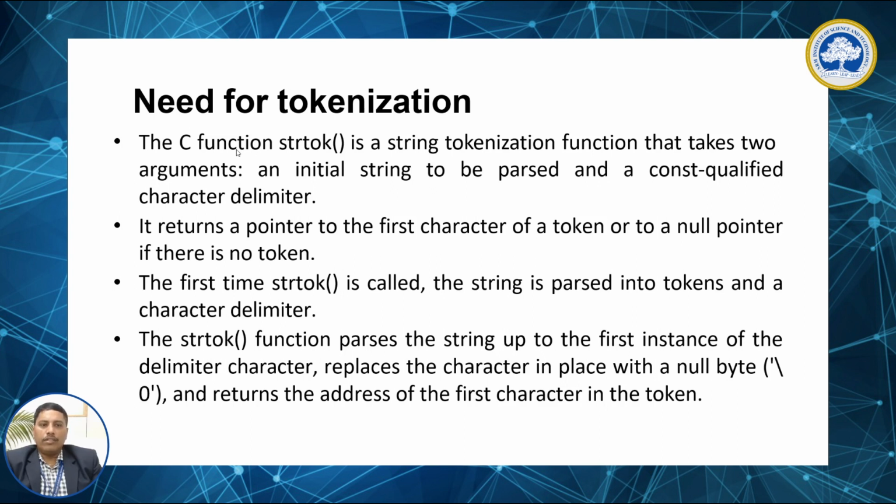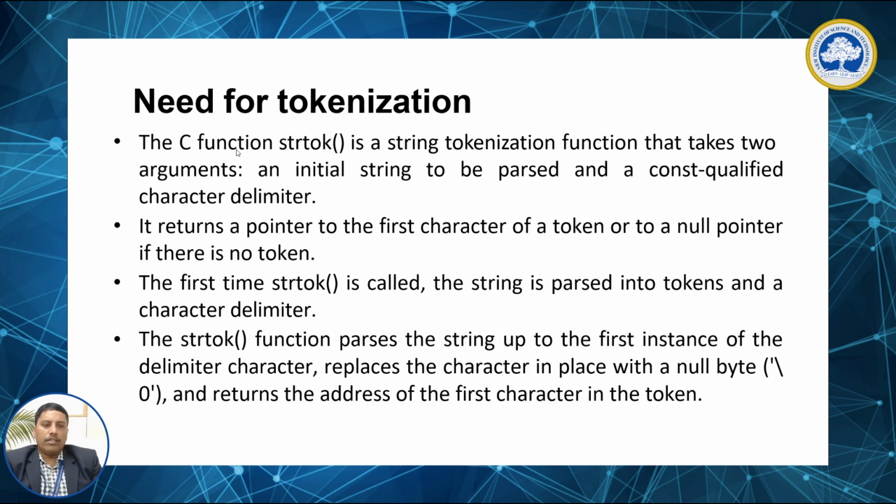The strtok function, the string tokenization function, takes two arguments as inputs: the initial string to be passed and a constant qualified character delimiters. It returns a pointer to the first character of the token, or a null pointer if there are no tokens. The first time strtok is called, the string is passed in along with the delimiter characters.